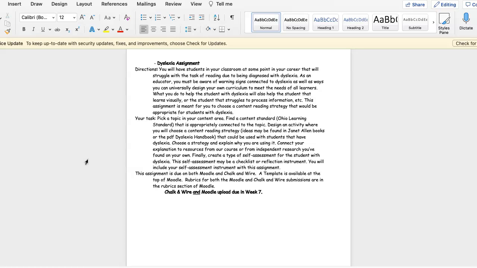And remember, the self-assessment is for the students to use. This assignment is due on Moodle and Anthology Portfolio, which we used to call Chalk and Wire. There is a template available on Moodle, and the rubrics are also on Moodle.